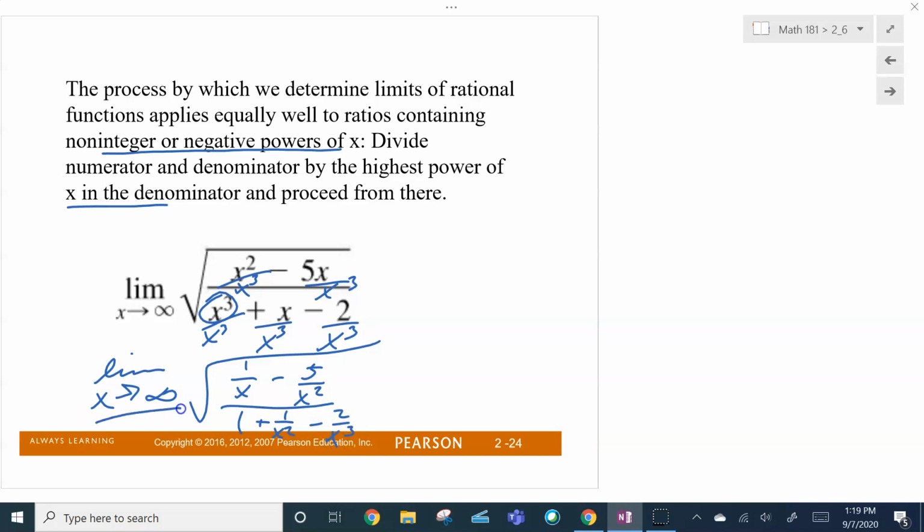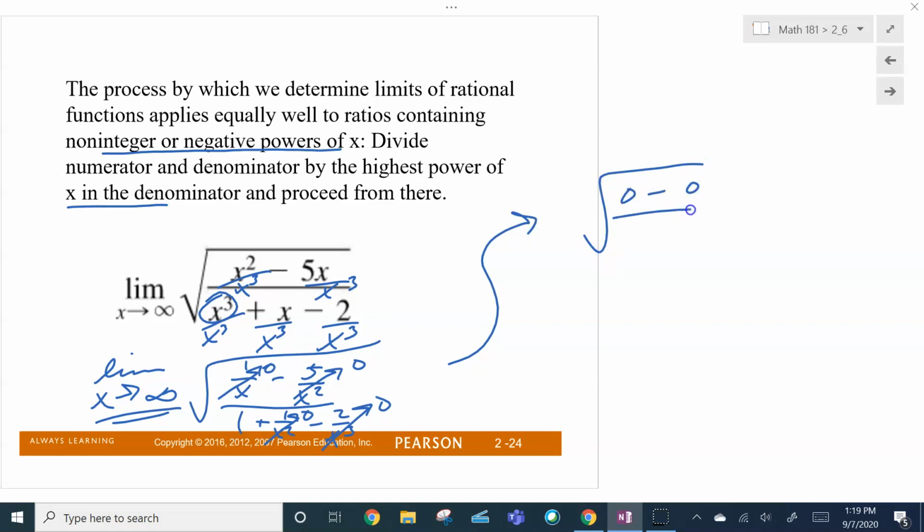Now as we let x increase in magnitude here, this will go to 0, that will go to 0, that will go to 0, and that will go to 0. So this ends up being 0 minus 0 over 1 plus 0 minus 0. So 0. What that thing ends up being. Okay?